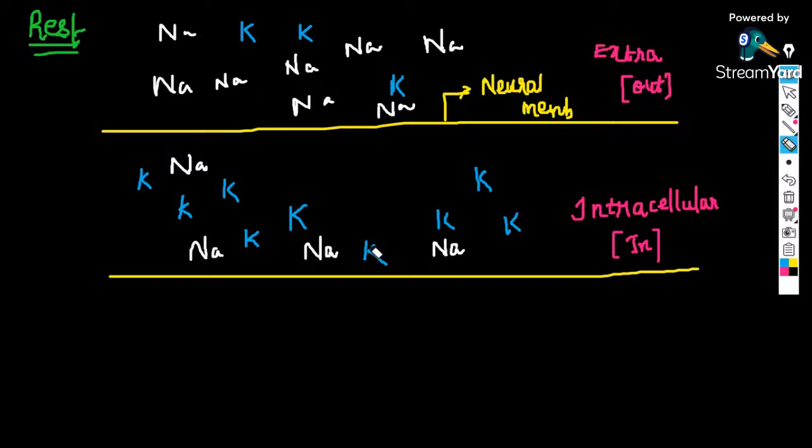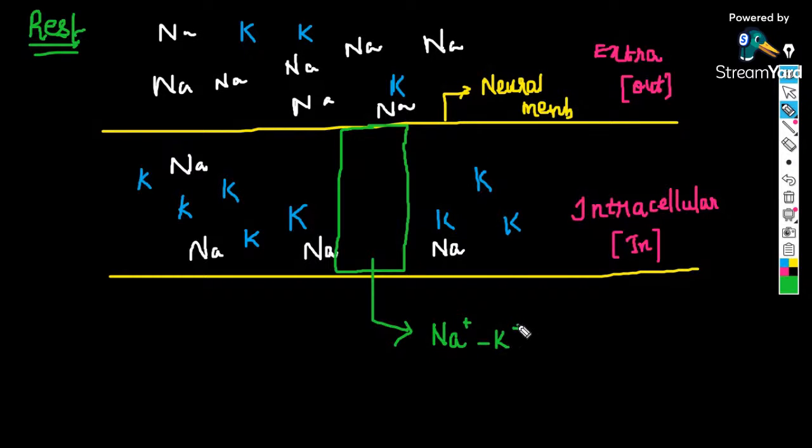I'm just erasing some of the ions over here. I'm going to draw the sodium potassium pump. Am I clear? Just give me hearts on the screen or tell me yes or no on the chat box.